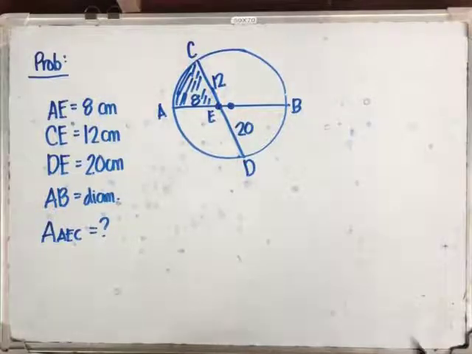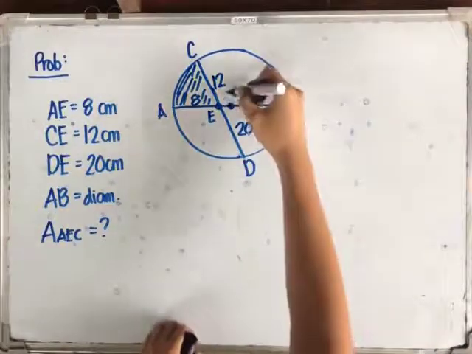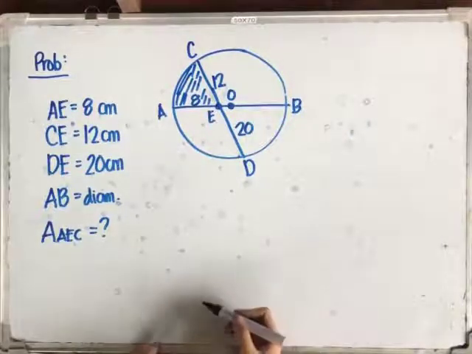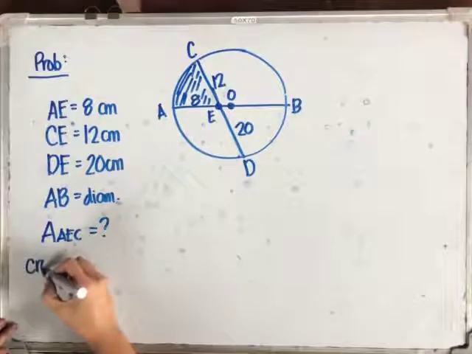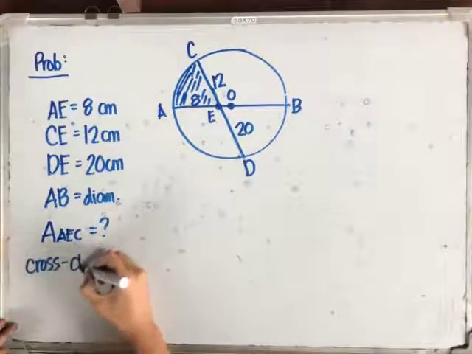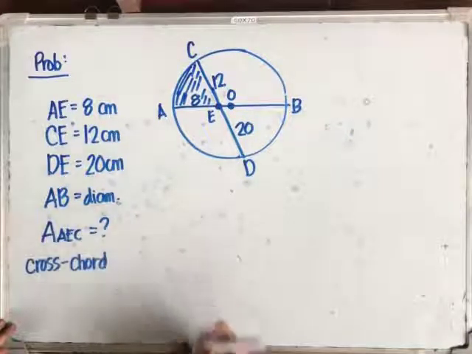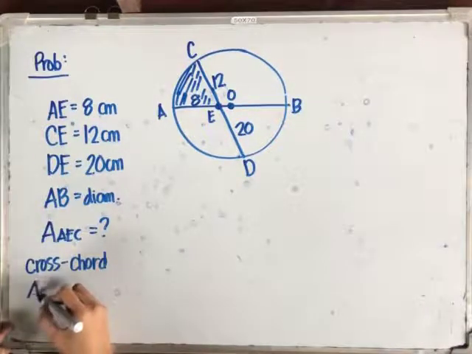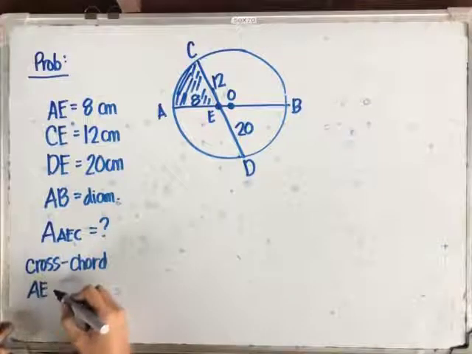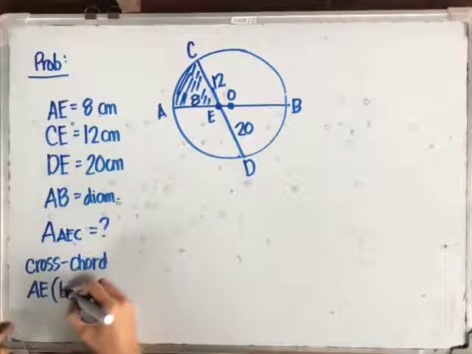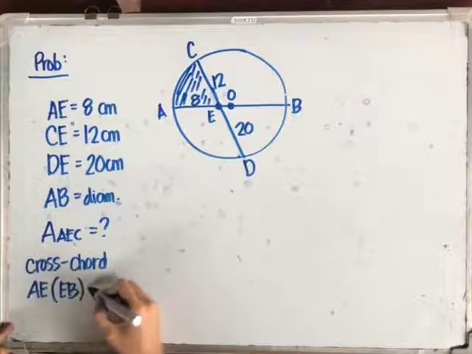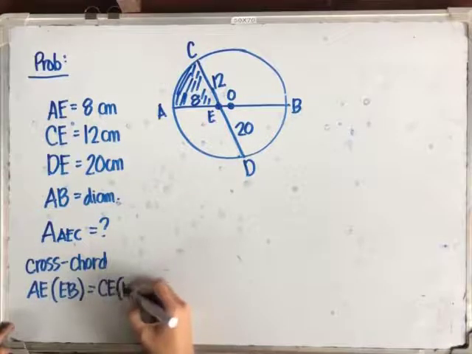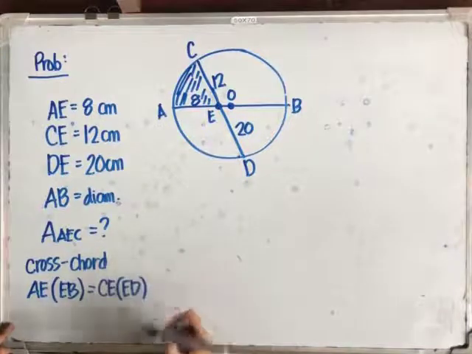Okay. So, what we are going to do here is label this point here. Let's say point O yan. Kunin natin ngayon ano yung distance na yan. May our cross-chord theorem, if you can recall kanina. Cross-chord theorem says that, ano yun? AE times EB is equal to CE times ED. Tama na? Ayan yung sinabi niya.